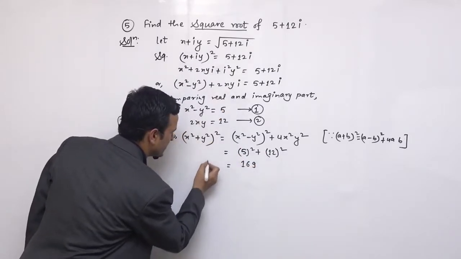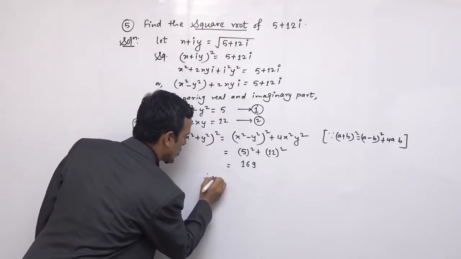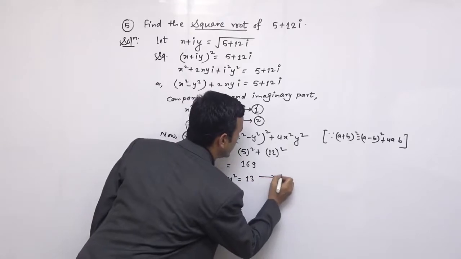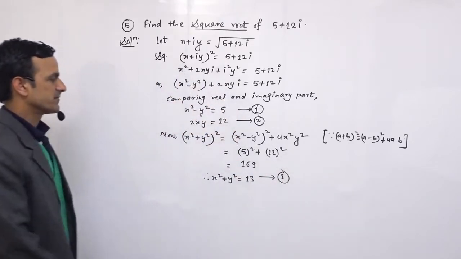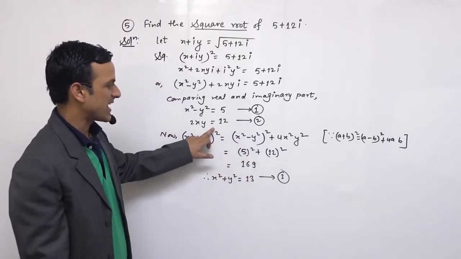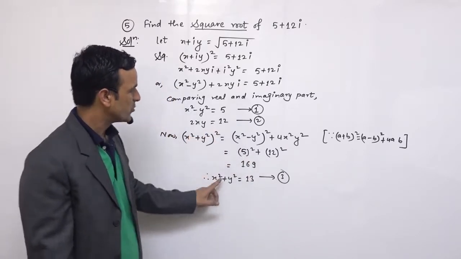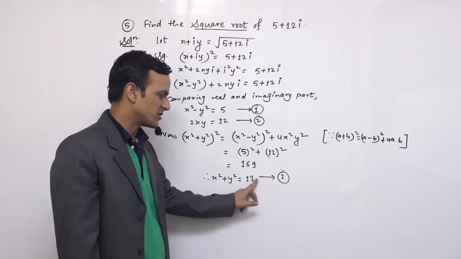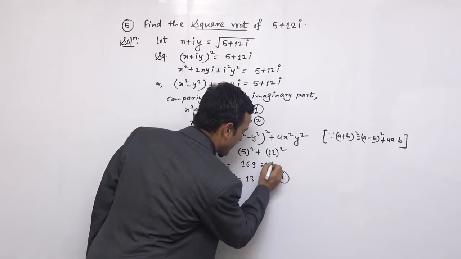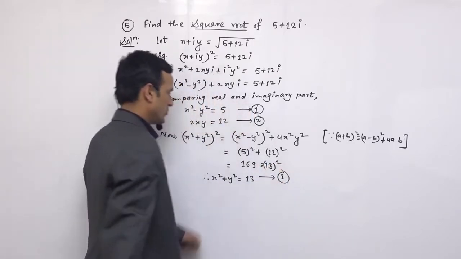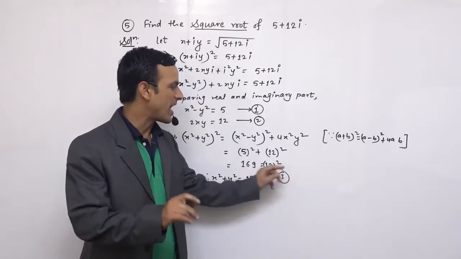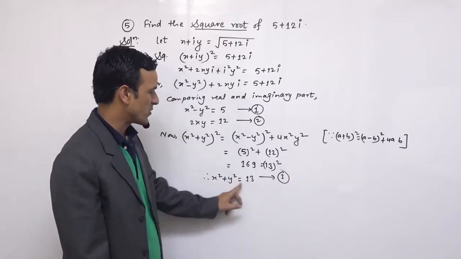So (x square plus y square) whole square is 13 square, the square and square cancel, and we get x square plus y square is equal to 13. This is equation 3. Because this is the square of 13, taking the square root we get x square plus y square is 13.